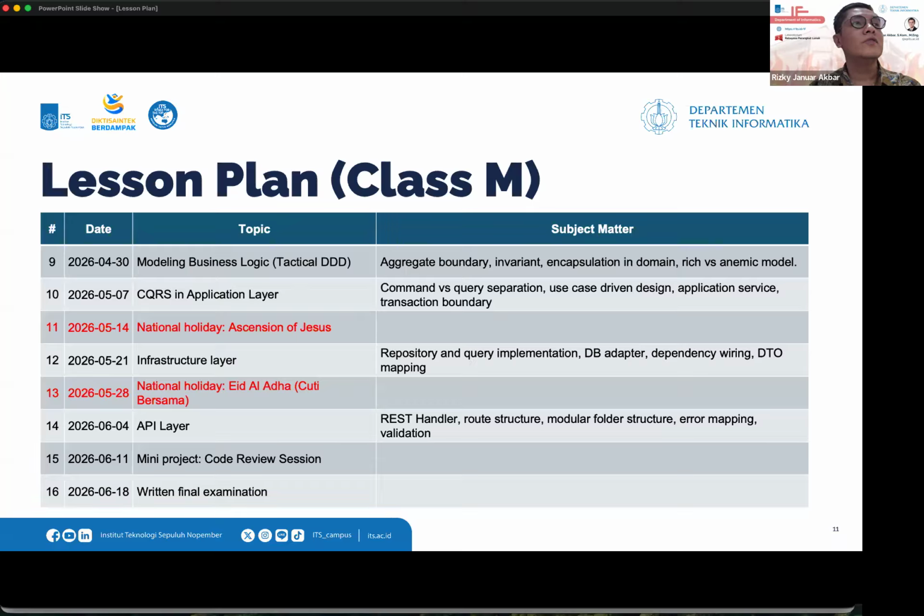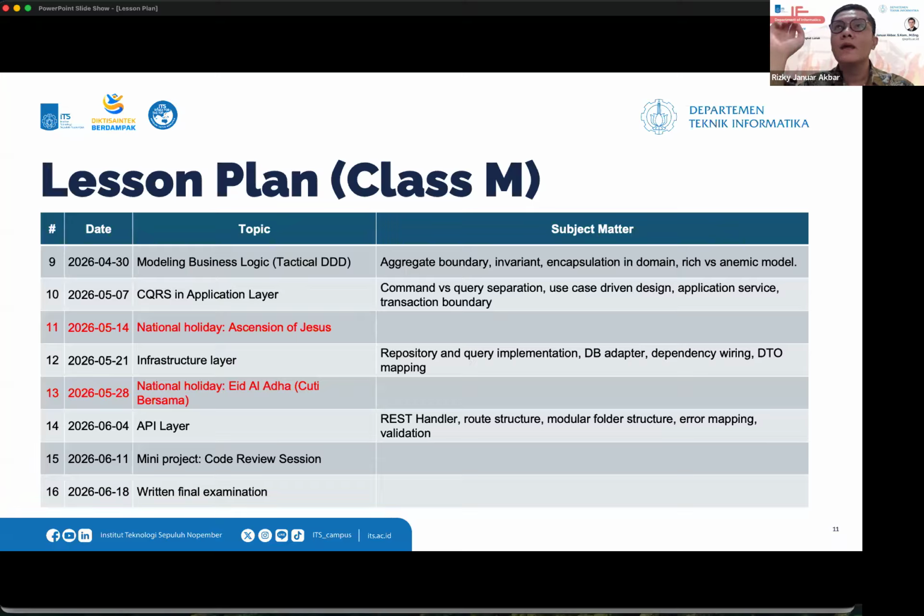And last, in week 14, we have the API layer or presentation layer. This is where we implement the logic so that it can be accessed by other components. You implement your REST handler, your API handler, you define your route structure, you define your modular folder structure, and you map the errors from the lower layer.